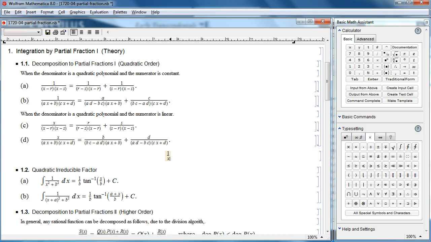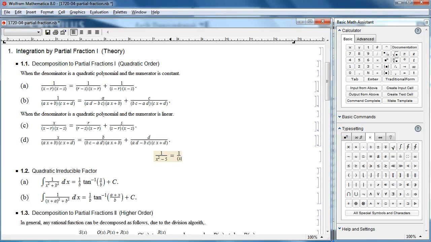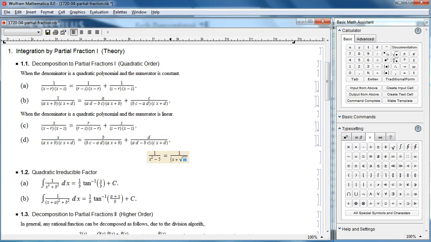you have x squared minus 5, in that case, this can be factored easily by x plus square root of 5, x minus square root of 5, and we can use this formula over here, 1.1, and you can find out the decomposition by partial fraction.